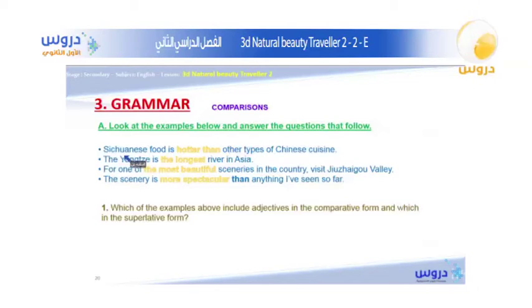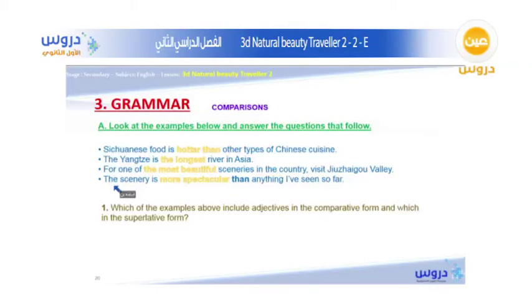Start with number 1 here. Sichuanese food is hotter than other types of Chinese cuisine. Here we have some comparison format. Number 2: Yangtze is the longest river in Asia. Number 3: for one of the most beautiful cemeteries in the country, visit Jiuzhaigou Valley.